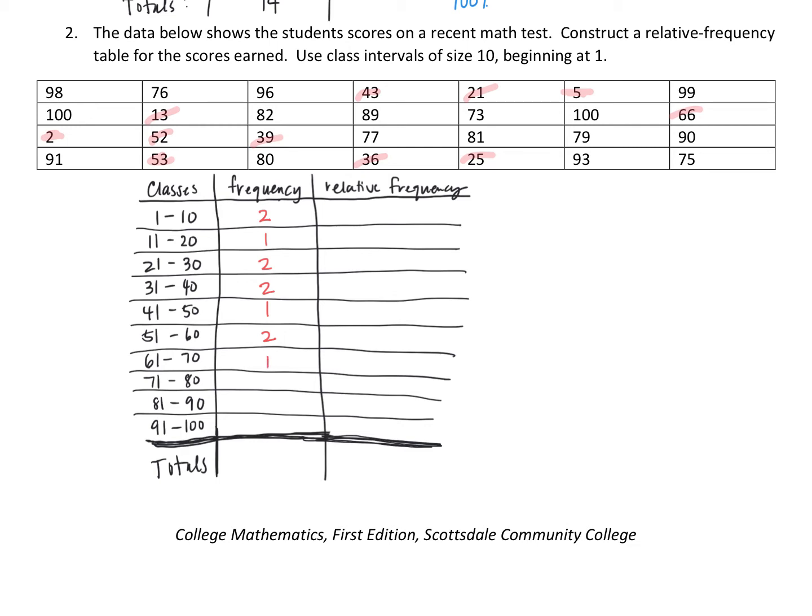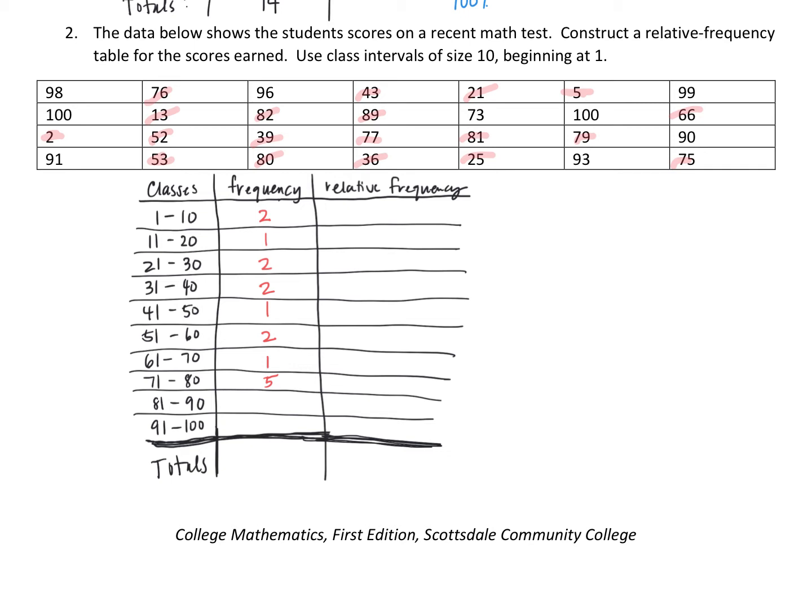Now I'm looking for scores between 71 and 80. 1, 2, 3, 4, 5. Okay, so 5 of those. Next, let's look for scores between 81 and 90. 1, 2, 3.